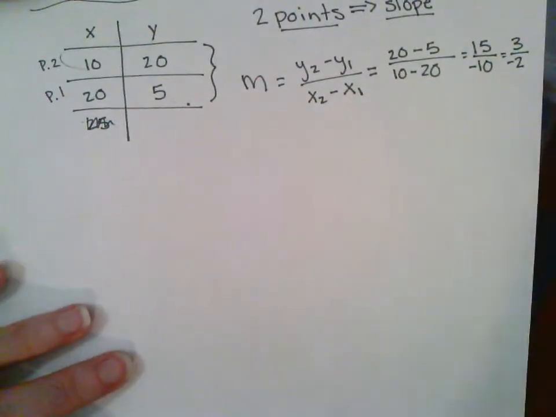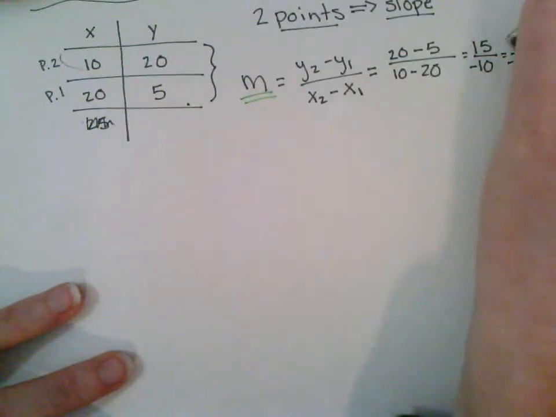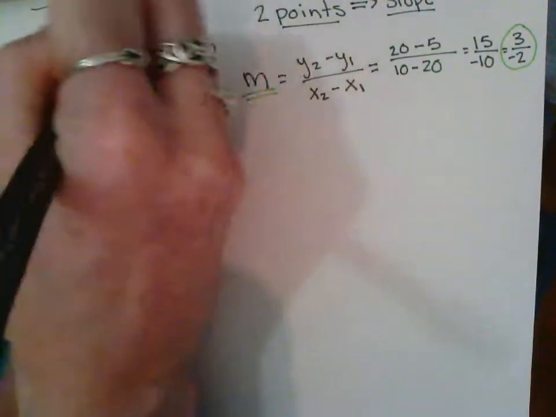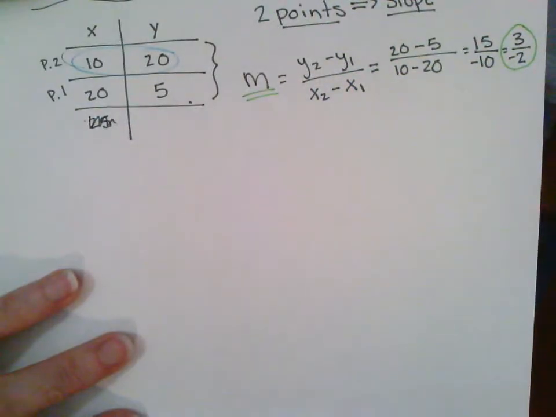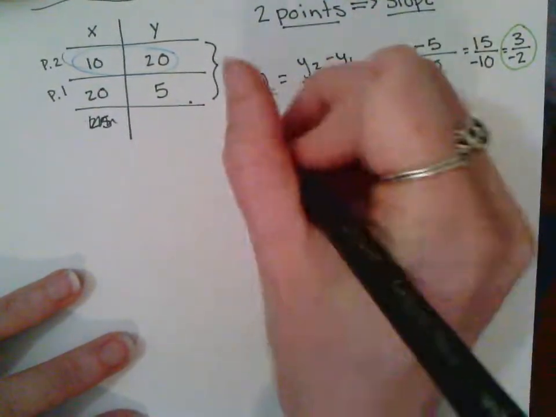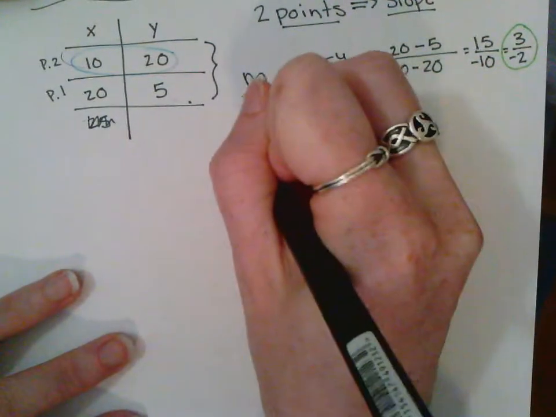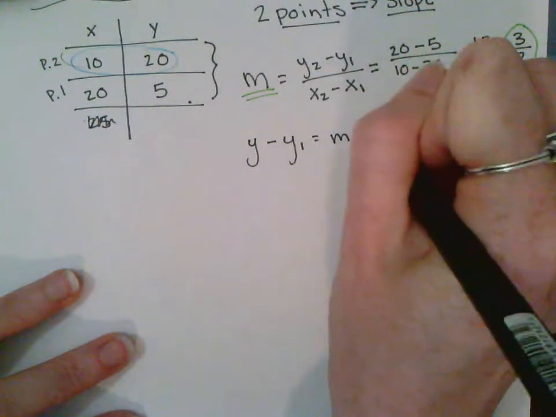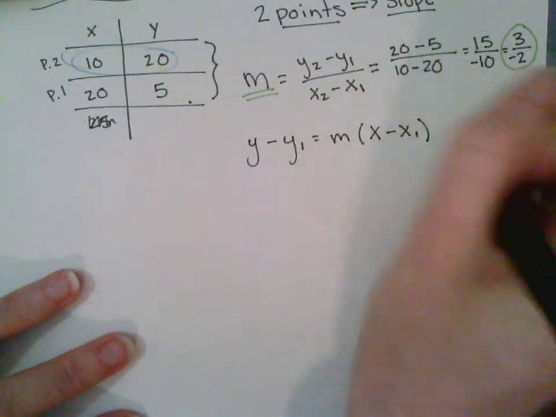But now I have a slope. Slope, that's in green. And I have a point. You could use either point, you'll get to the same place. I just usually use my top point here. So remember, when I have a point and I have a slope, I use my point-slope form. y minus y1 is equal to m times x minus x1.